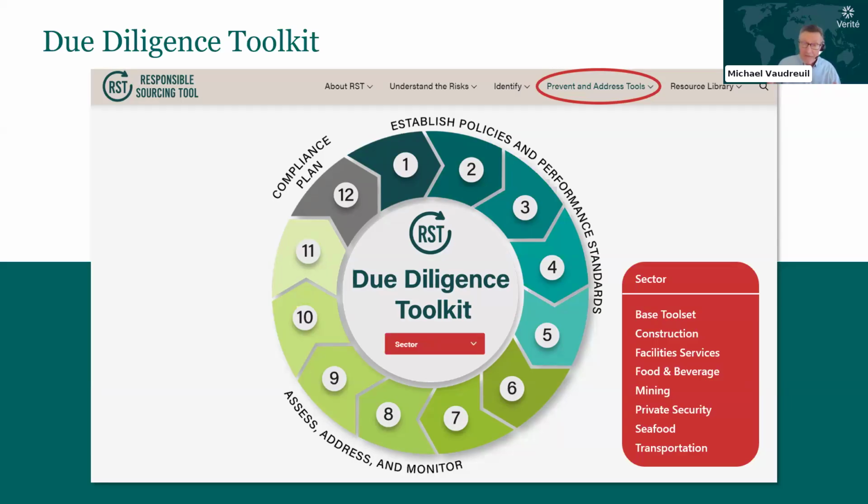It's not complete when you think about how we define or set up executive-level or board-level oversight of a program, or how we report our findings publicly at the end of the year. We don't have absolutely every bit of the due diligence process in this toolset, but what we're focused on are the essential processes you need in order to identify and address forced labor risks in your supply chains.